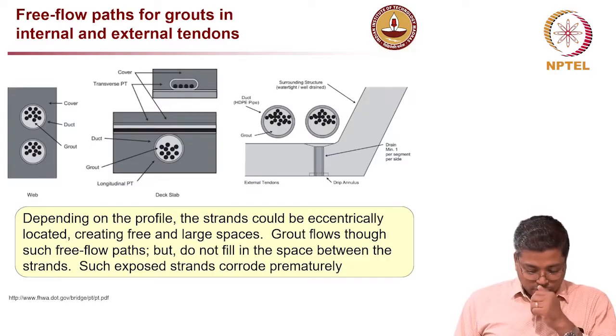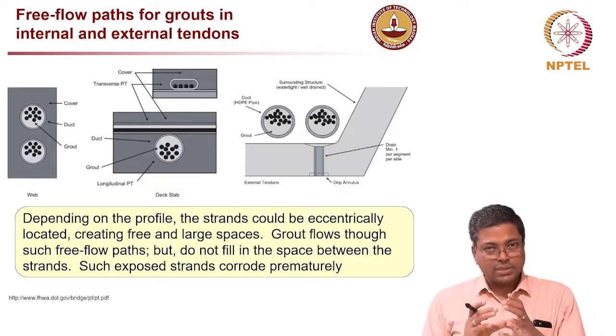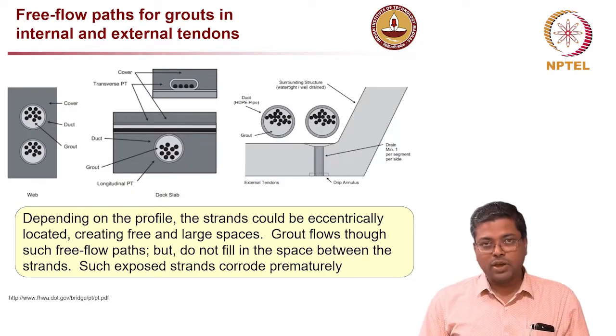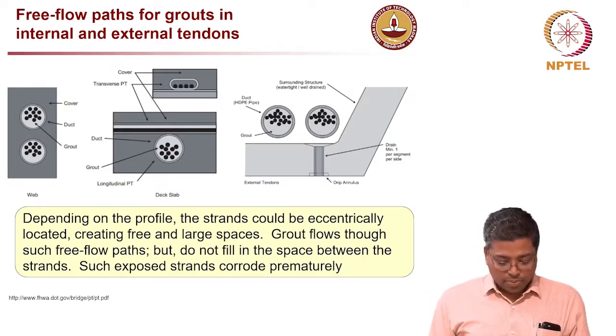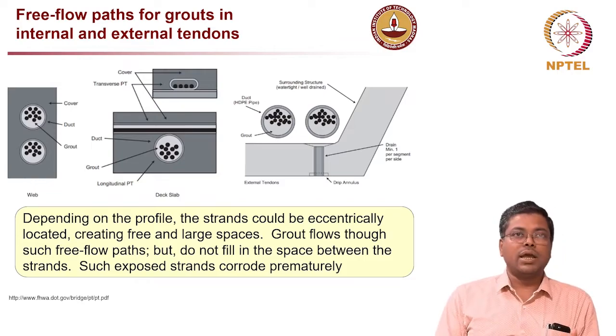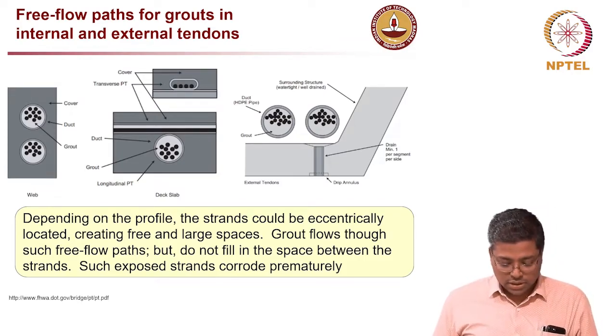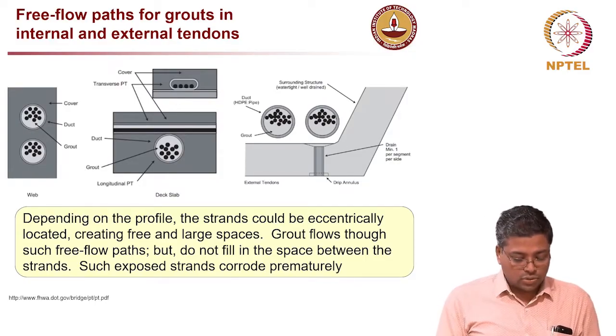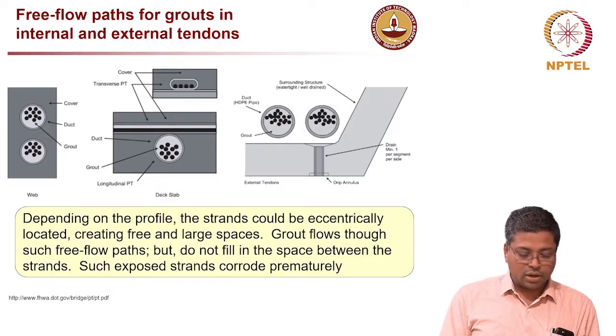When you have this profile, the strands will not stay at the center of the duct. When you pull the strands, depending on the profile, the strand will try to occupy the shortest distance, and it will get a little eccentric to one side of the duct.